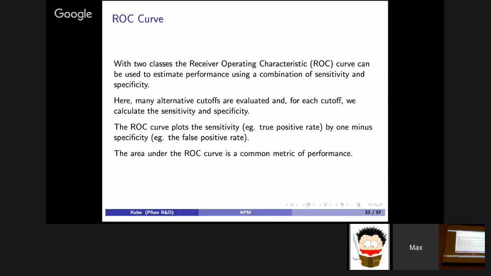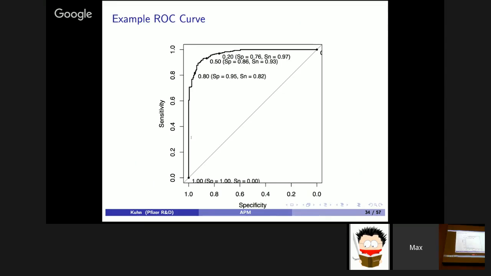Here's an example. For a particular data set, if I use the 50% cutoff, then I might get a specificity of about 86% and a sensitivity of about 93%. I think this is for the red circle, blue square data set from earlier.